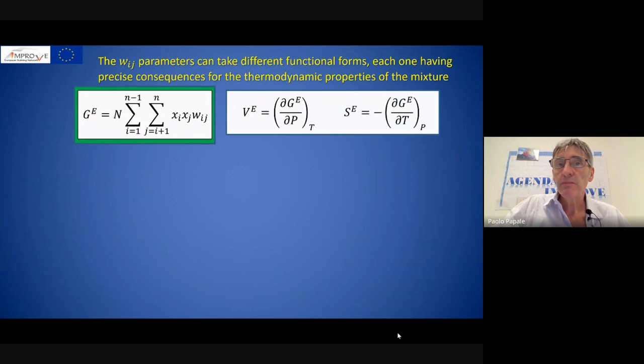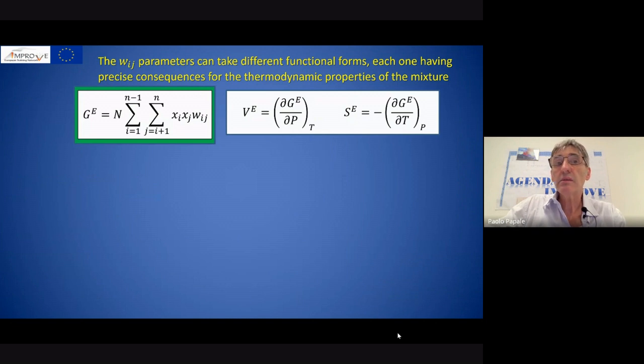In fact, consider the case where the binary interaction parameters in the expression of the excess Gibbs energy are pressure and temperature independent. That is, they are just constant quantities for each binary interaction between the components in the mixture. In such a case, the excess volume and excess entropy are both equal to 0.